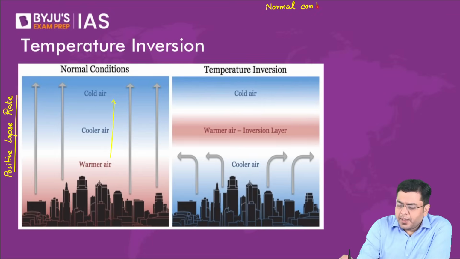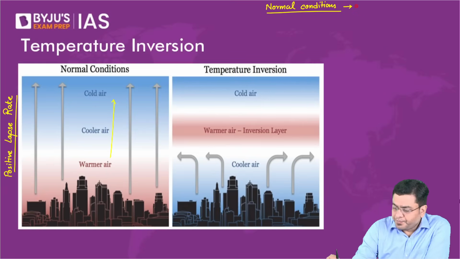So under normal conditions, meaning the conditions that you and I experience on a daily basis, you have a positive lapse rate. That means vertical mixing of air.